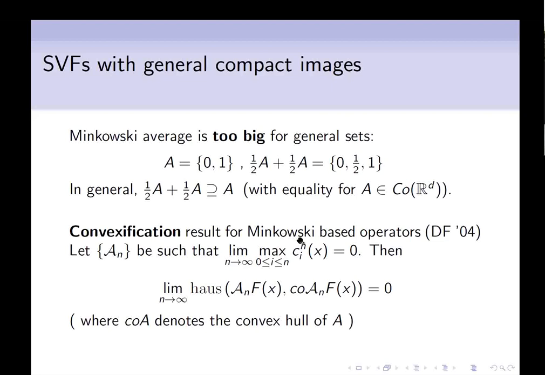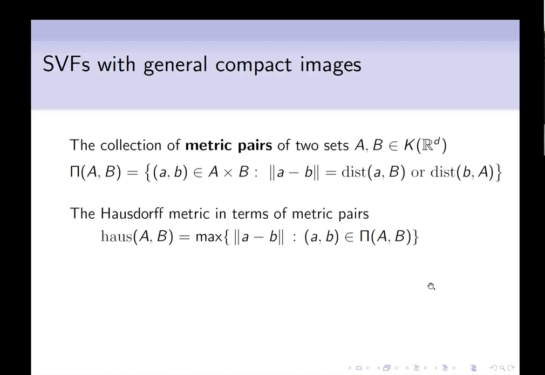So we need another set operation between general sets. This result was obtained by Dean and Farkhi, as I said. To introduce another set operation, first I want to introduce a new notion called metric pairs of two sets. Suppose that we have two general compact sets. What is a metric pair?